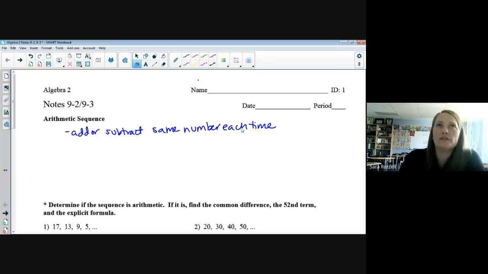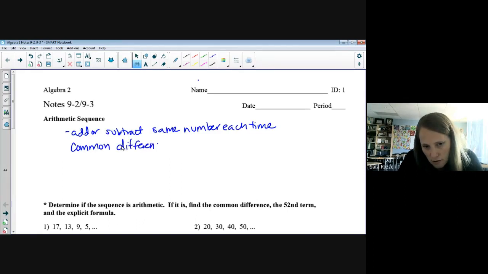And that number that you add or subtract, we call that the common difference. And the variable we use for common difference is a d.